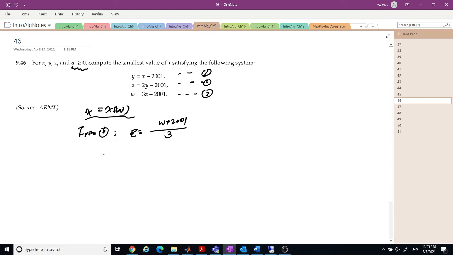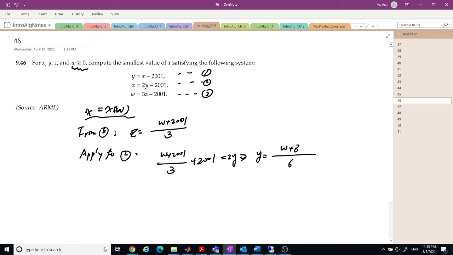Okay, then we apply to 2, then we can solve the y. Okay, so 3w plus 2001 plus 2001 equals 2y. Then we can solve the y. Y equals to 6w plus 804. Okay, now apply 1.